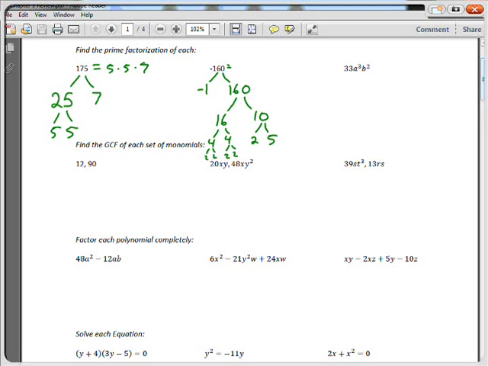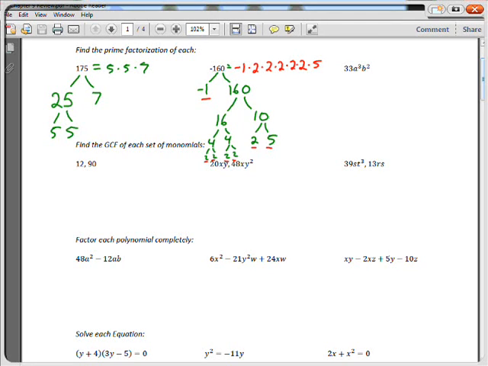And so 160 will be a negative 1 times 2 times 2 times 2 times 2 times 2. So there are 5 of them, so times 2, 5 times, and then times 5.